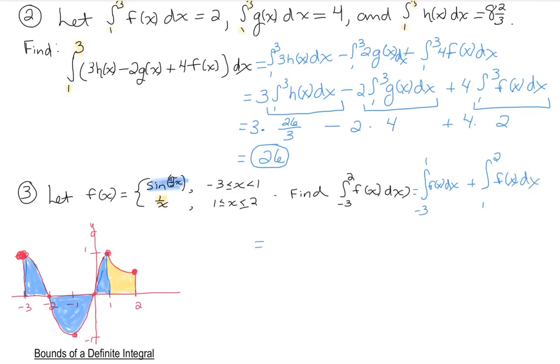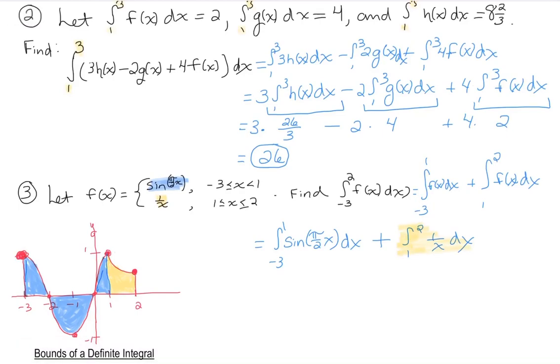Well, the integral from -3 to 1 is the sine of pi over 2 times x dx, and then plus the integral from 1 to 2 of 1 over x dx. All right, so that is from the second part.